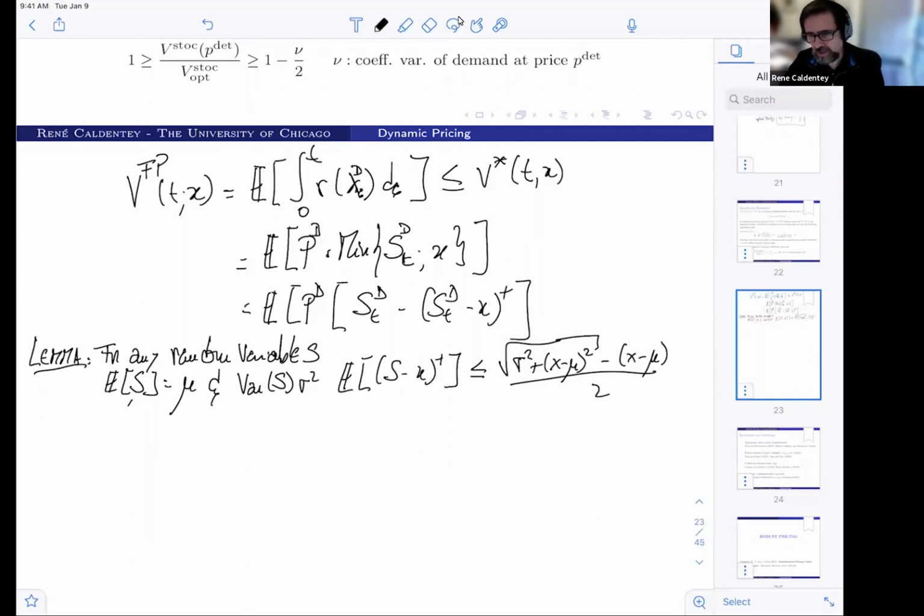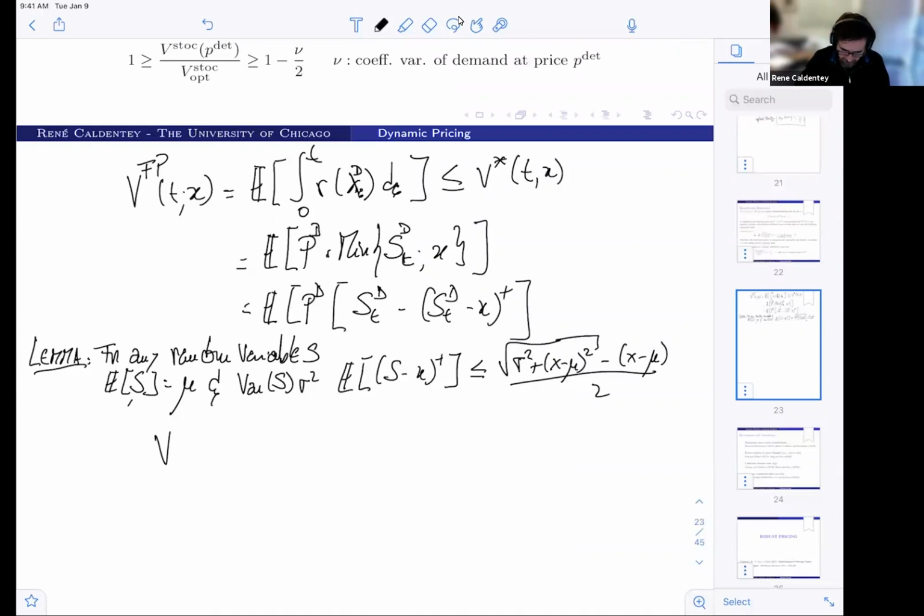So this is some sort of a Chebyshev type of inequality, right? So you essentially are trying to bound the expected value as some sort of a functional in terms of the first 2 moments of that random variable, right? So, that's basically what you can use here.